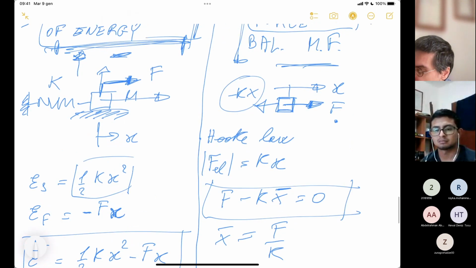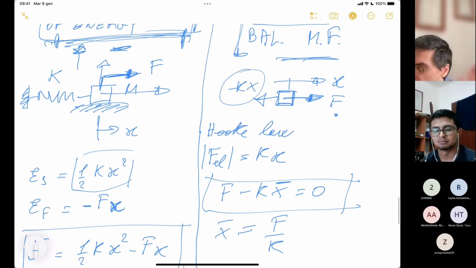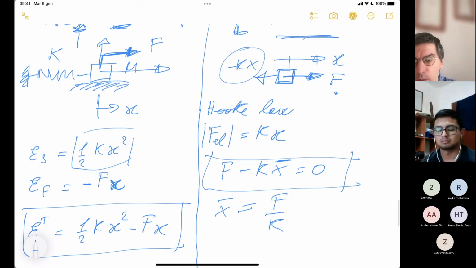Now, of course, we can always choose one way or the other to solve our problem. But anyway, there are some differences between these two ways to think about the problem.